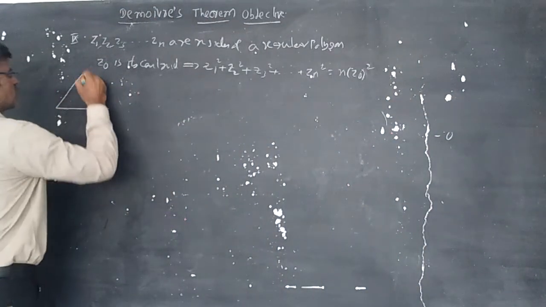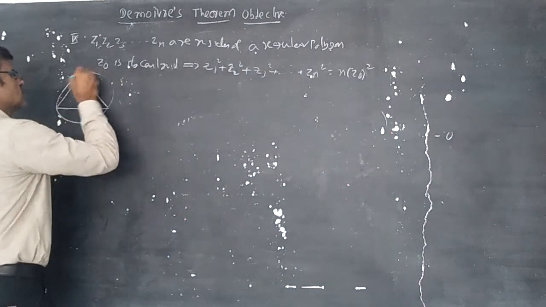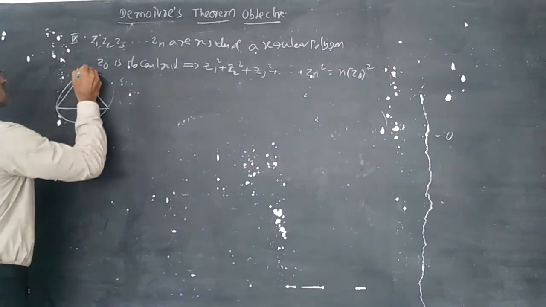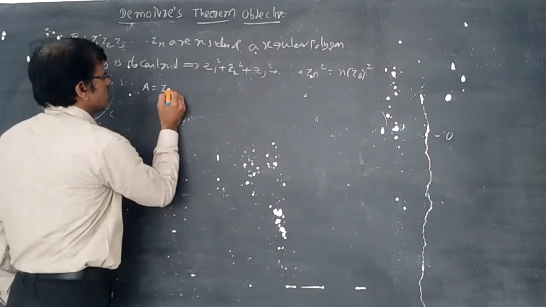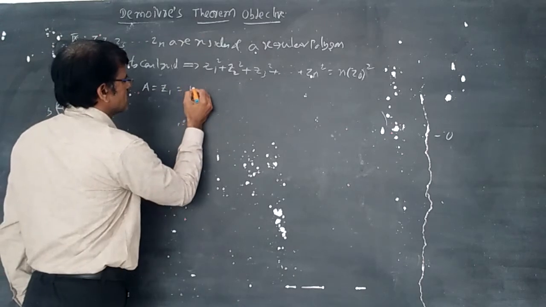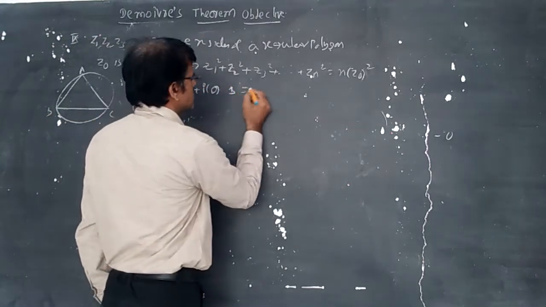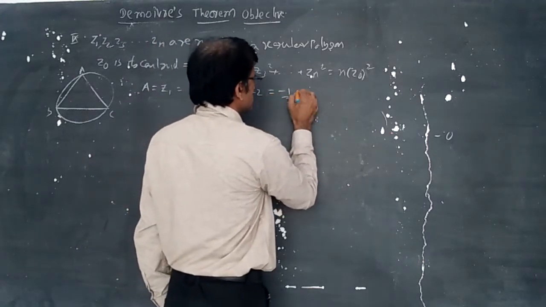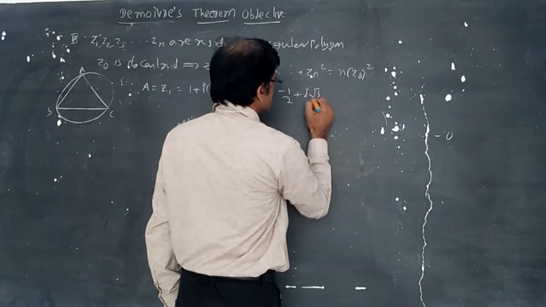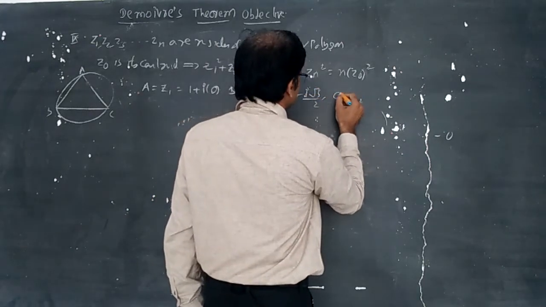Let us draw the equilateral triangle. Of course, it is in a unit circle. This is A, this is B, this is C. So A, meaning Z1, is equal to 1 plus i into 0. Next, B, which is Z2, is a complex number, minus 1 by 2 plus i root 3 by 2. It is nothing but omega.